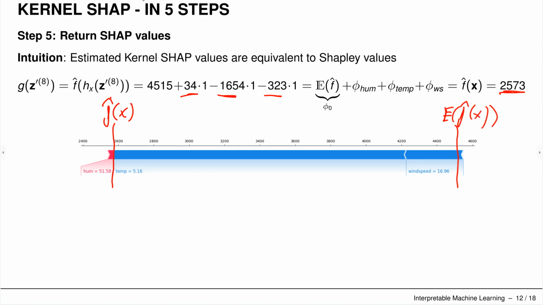And now we see that wind speed drives the prediction from the expected value down, and temperature drives it down even more, and humidity drives it up a little bit again. That's why we have here the small positive value for humidity, the large negative value for temperature, and also quite a large negative value for wind speed.